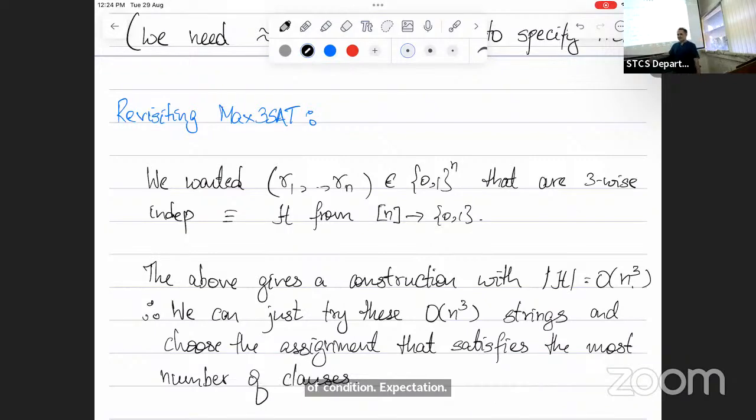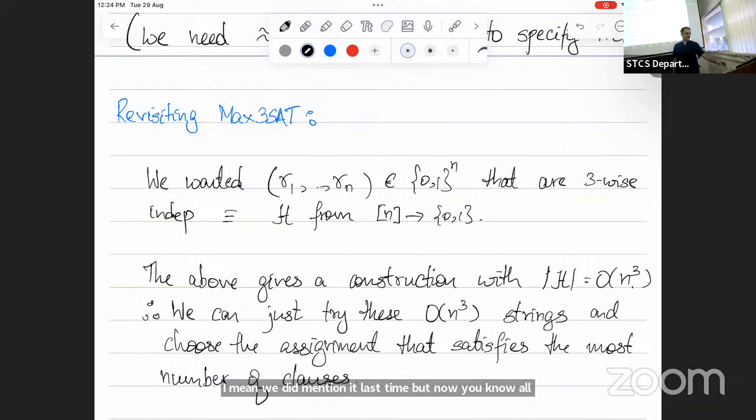So you could also just build a 3-wise independent distribution and try it on all of those points alone. There are only going to be n cubed points. So you need to try out n cubed things, and then you'll get another way of de-randomizing max 3-SAT. We did mention it last time, but now you know all the missing parts that go into it.